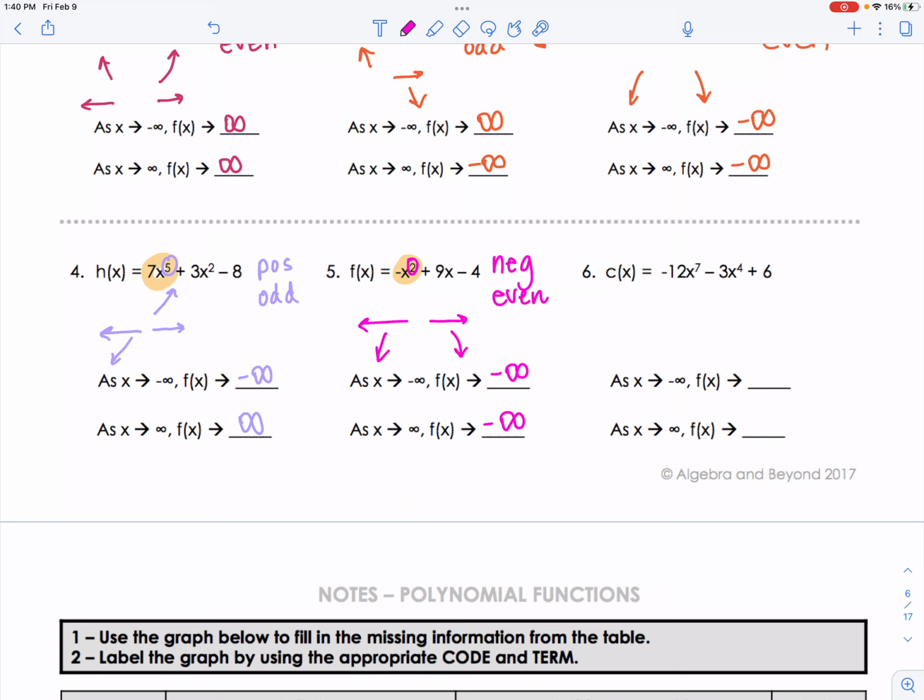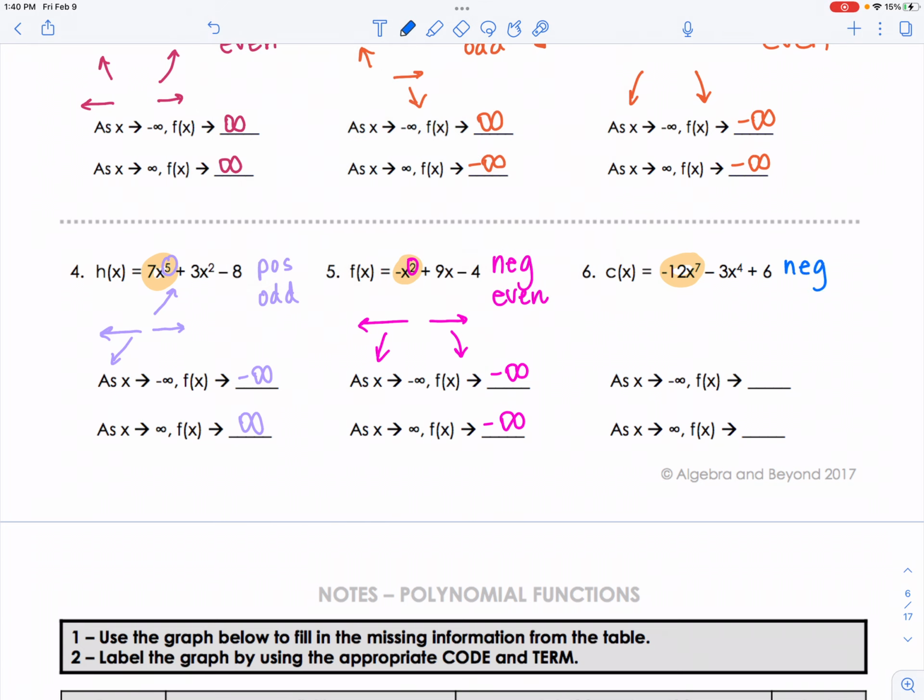And the last one, we have a negative 12x to the 7th power. So we have a negative coefficient and an odd exponent, or an odd polynomial degree. So negative and odd, again, they're going to go in opposite directions. I think of a negative slope, and my negative slope goes down from left to right. So it's going to look like that.